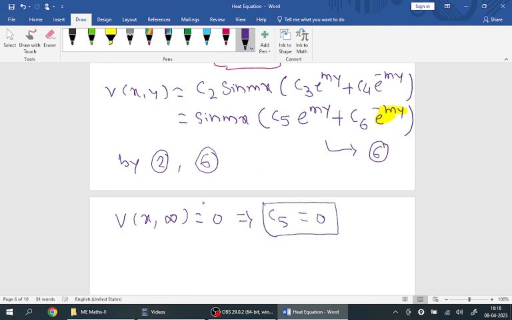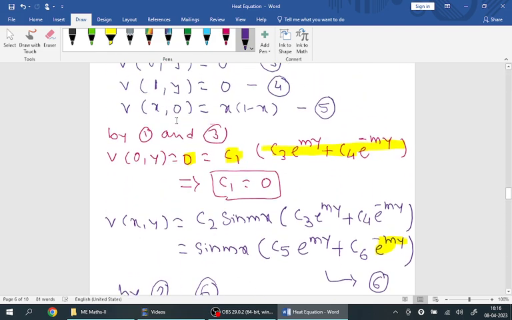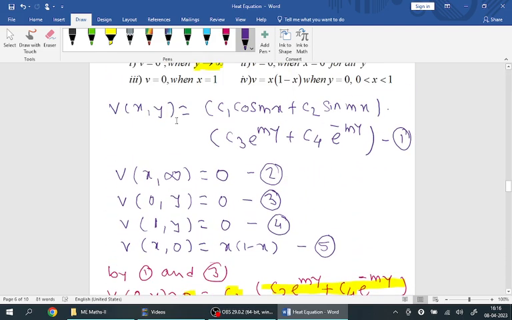So solution 6 becomes v of xy. Actually you can apply this condition at the beginning here only, then also it is correct, both ways it is correct. When you apply this by 1 and 2 only, you will observe this c3 will be 0, because e raised to my is there.